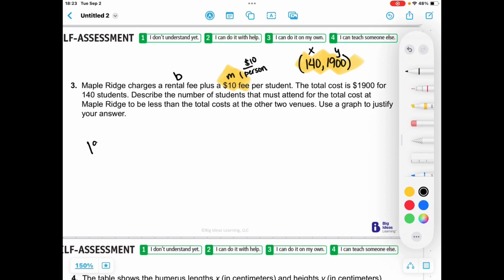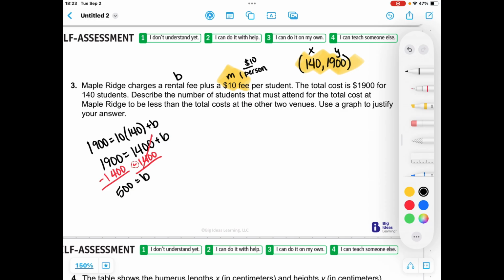So 1,900 equals 10 times 140 plus B, and then go through the process of solving. 1,900 equals, all I do is multiply, and that's 1,400 plus B. You will need to subtract 1,400 on both sides, not just do it on one. That will cancel, leaving B by itself, and this is 500.